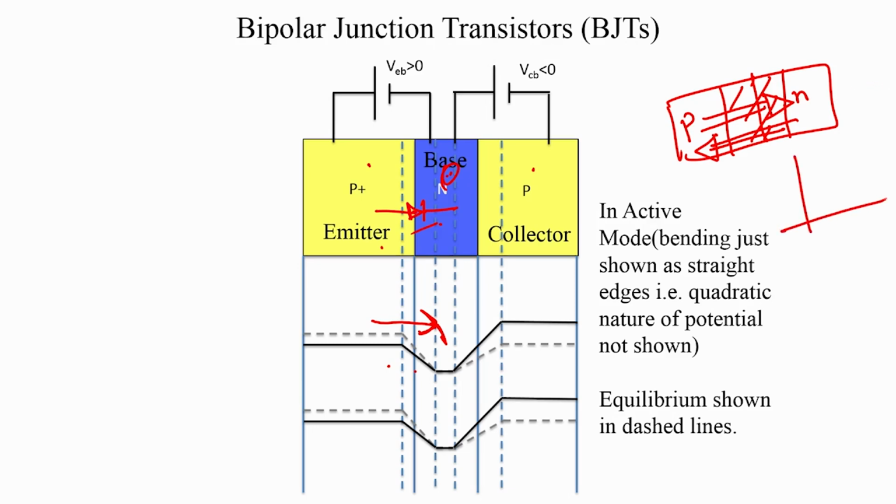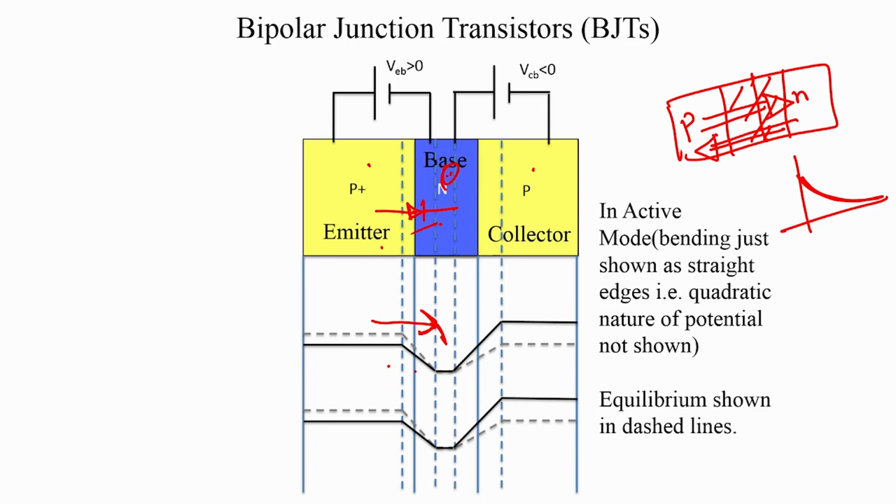You had a concentration gradient which went like this, which we found to be exponentially dependent on distance from the solution of the continuity equation. So that was the PN junction theory.